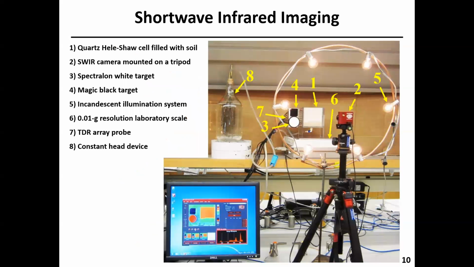So we did more laboratory experiments, this time using a shortwave infrared camera, as you see in this picture. So we had an experimental setup like this. We had a soil column with a coarse Hilsha cell, so the column was almost 100% transparent, and we could image the soil with the shortwave infrared camera.